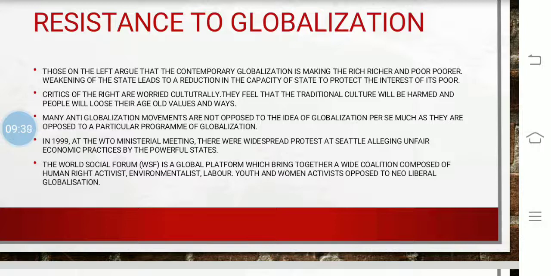It's also important to note that anti-globalization movements are taking place across the globe. There are certain movements taking place. They are not opposing the entire globalization. No, they're only focusing on certain programs of globalization, and they're protesting against that.